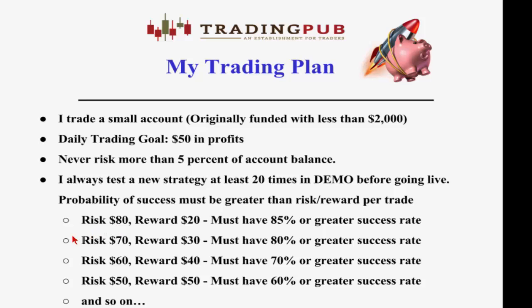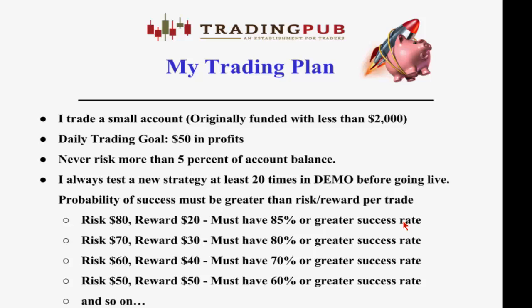And the final key to my trading plan, which is extremely simple, is that the probability of success of a trade must be greater than the risk or reward that I'm applying to that trade. So if I'm going to risk $80 to make $20, I need to have an 85%, 90% or greater success rate with that strategy. And that has to be demonstrated.